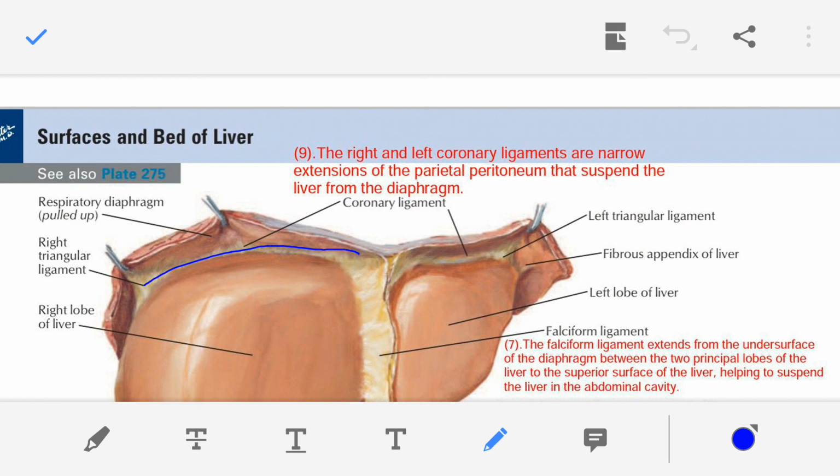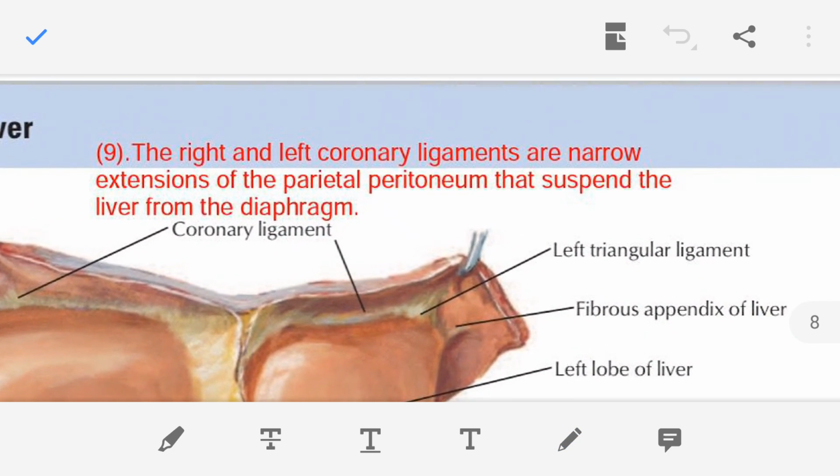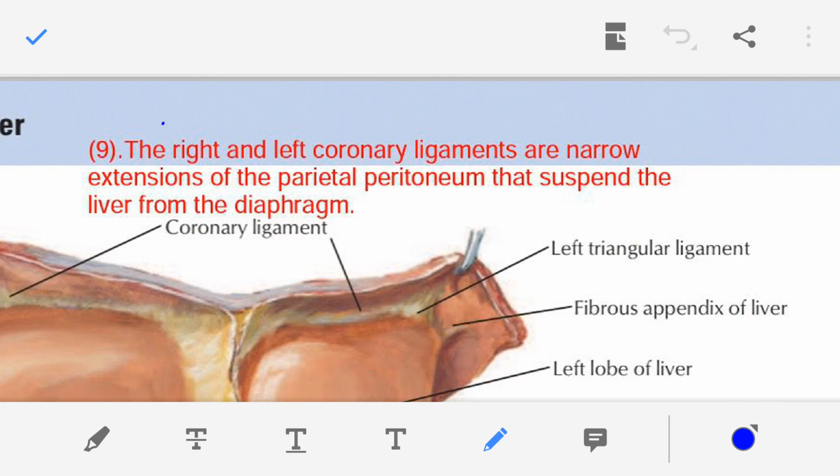This we can say is the right coronary ligament, and this is the left coronary ligament. What are these ligaments? These are narrow extensions of the parietal peritoneum.